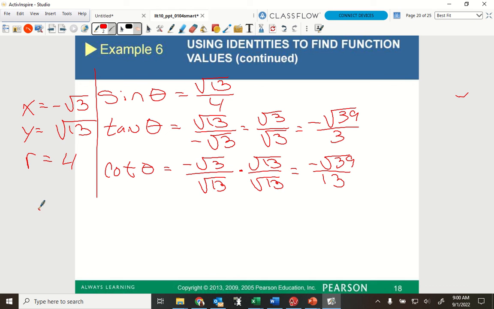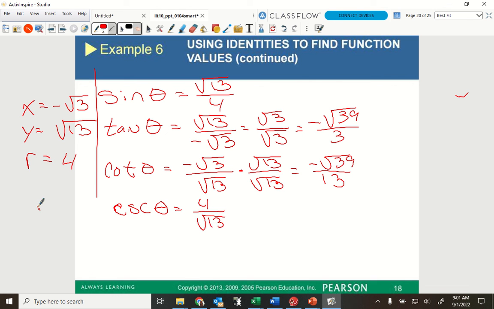Secant? Cosecant, or secant. Let's do C. Cosecant is r over y. So that's going to be 4 over radical 13.